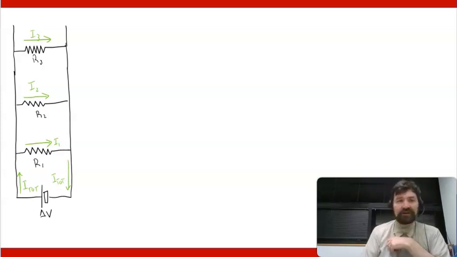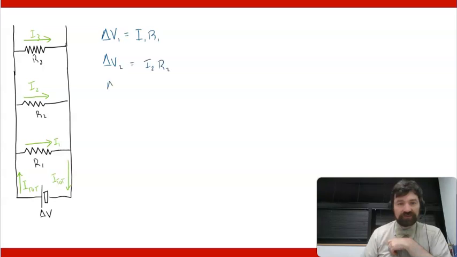And again, I have Ohm's law, so for any given resistor, delta V1 is I1 times R1, and delta V2 must be I2 times R2, and delta V3 is I3 R3, etc.